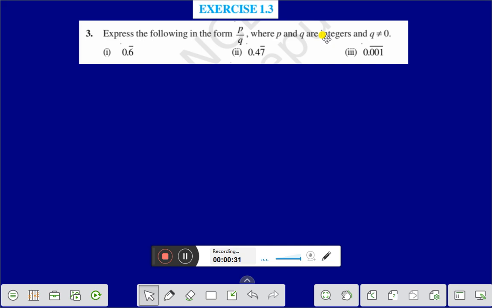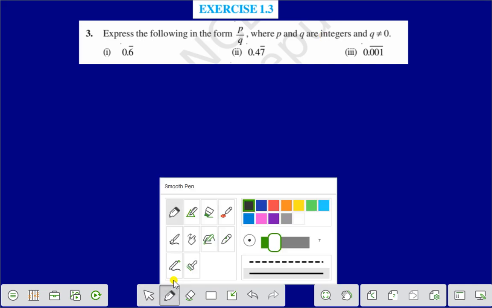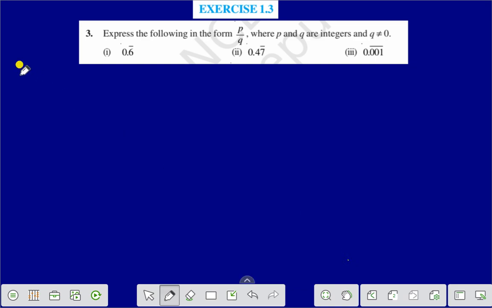Let us take question number 1. Question number 1 is 0.6 bar.